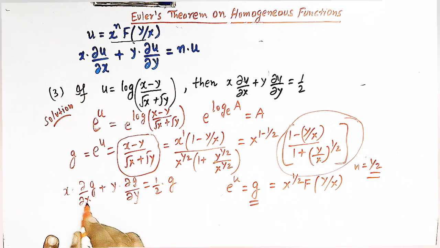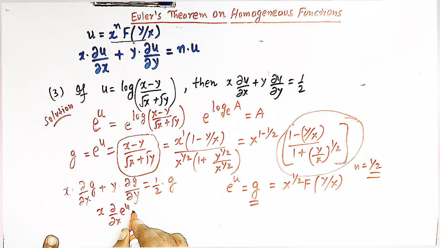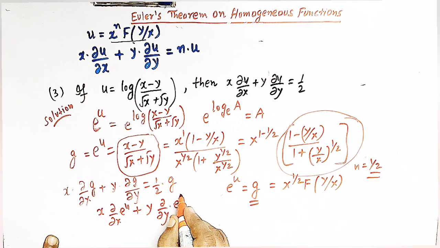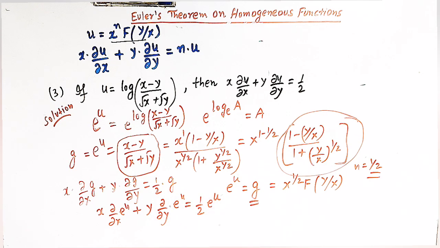Now we can substitute the value of g as e raised to u. So we have x del over del x of e raised to u, then y del over del y of e raised to u, and here we have half e raised to u.